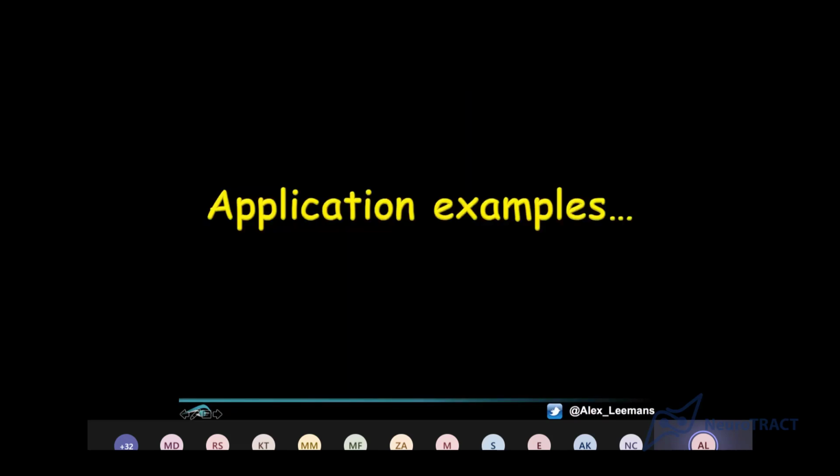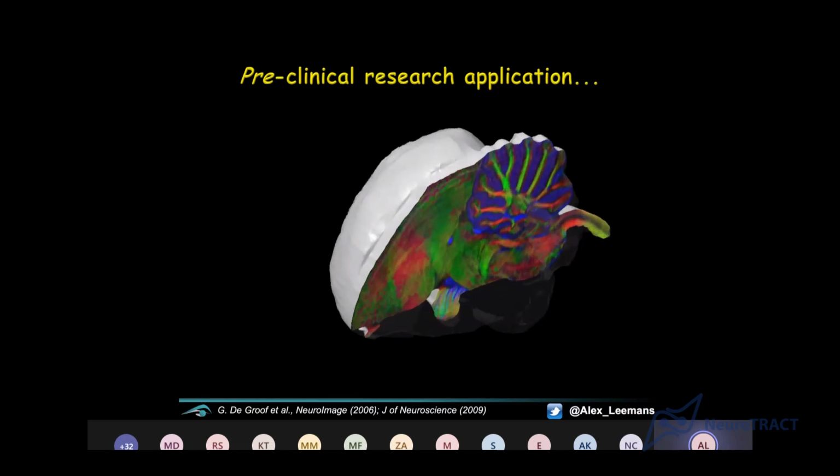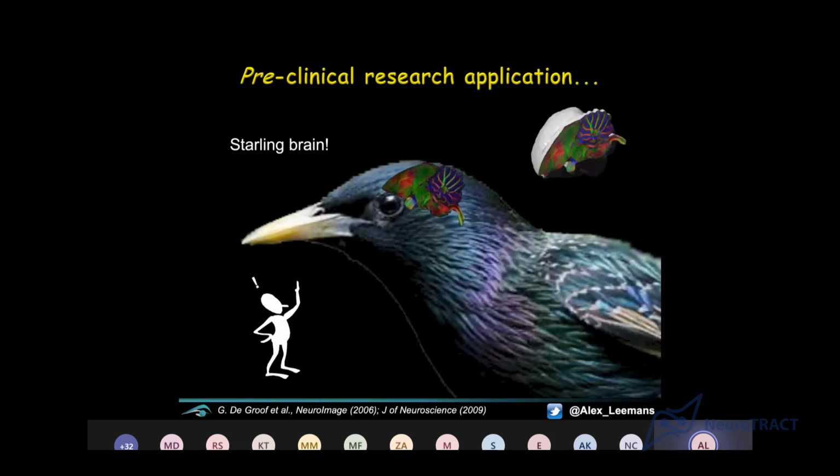All right, a few application examples before we end. Well, here's an example. This is not a human brain. This is actually a starling brain, so a songbird. And here there was a preclinical research application. These were biologists, and they were interested in looking into this songbird's brain, especially the auditory system.